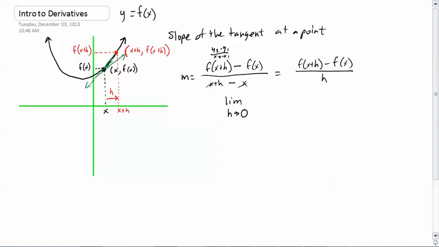What is the value as you get closer and closer? Somebody mentioned in class, well, a single point can't have a slope. Well, you're right, but the limit of those as we get closer and closer to 0 does actually have a value, and that's what we're looking for. So the limit as h approaches 0 of this function is then the derivative function.